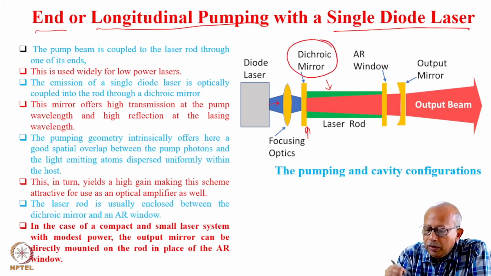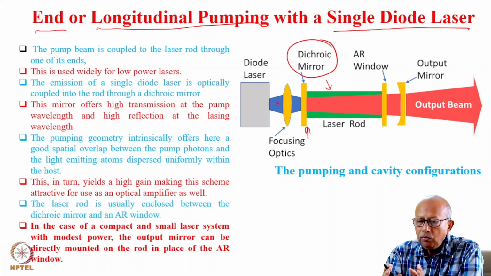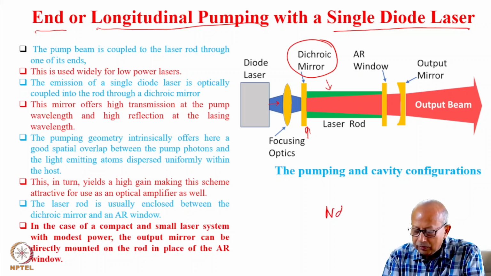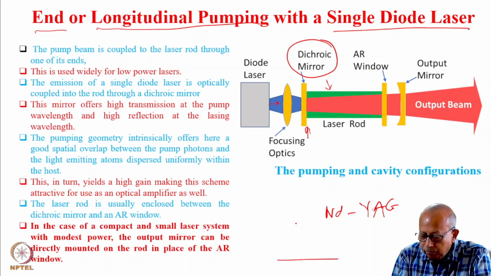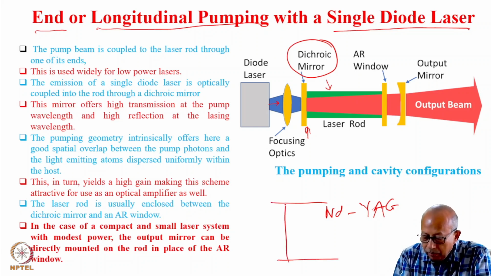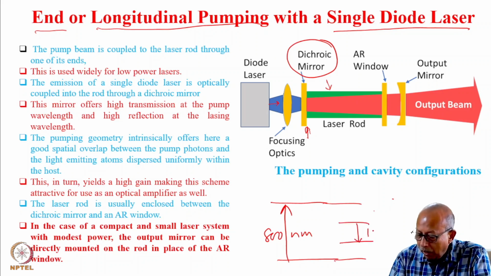Through a dichroic mirror. You see, the dichroic mirror essentially, now we are again considering the Nd:YAG laser, which is pumped at around 800 nanometer, and the lasing occurs at 1064 nanometer.